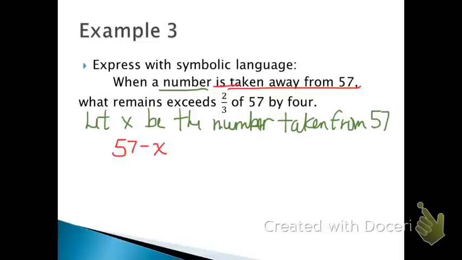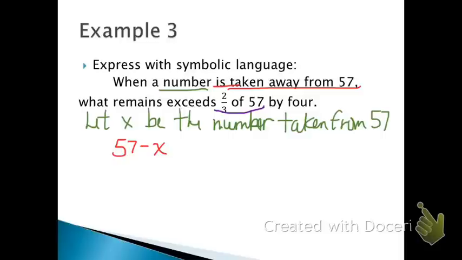So what remains exceeds 2/3 of 57 by 4. Okay, so it's going to exceed 2/3 of 57 by 4. All right, so let's work on the 2/3 of 57 first.